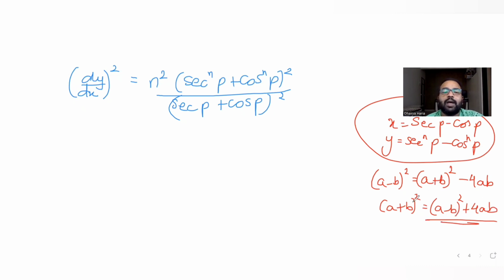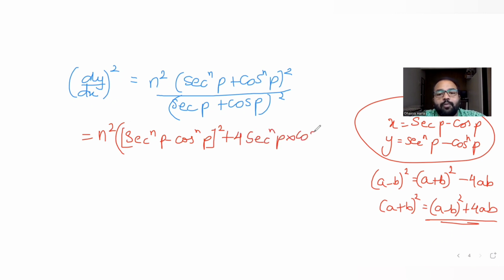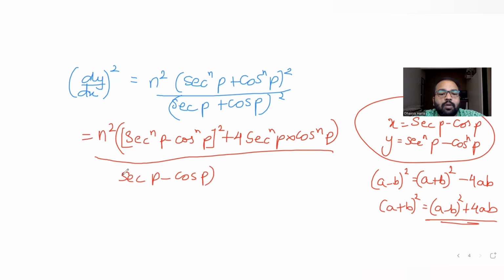So the numerator of the first part becomes a minus b whole square plus 4a into b, upon a plus b the whole square in the denominator. I can write it as a minus b the whole square plus 4a into b.